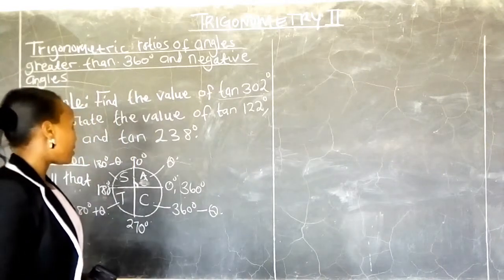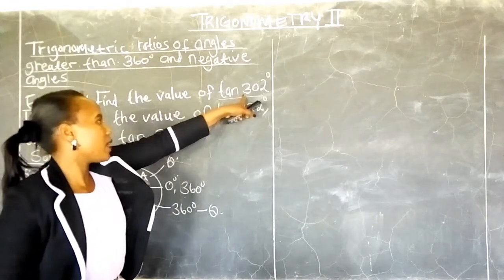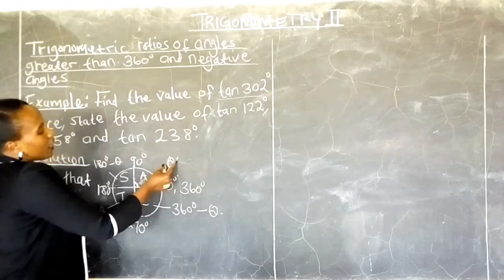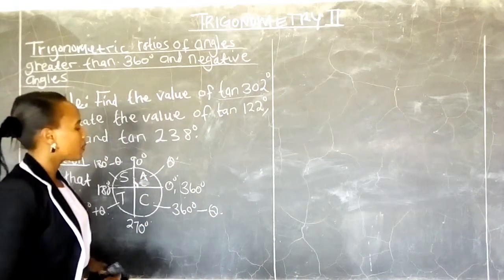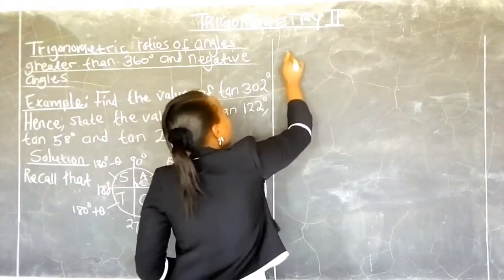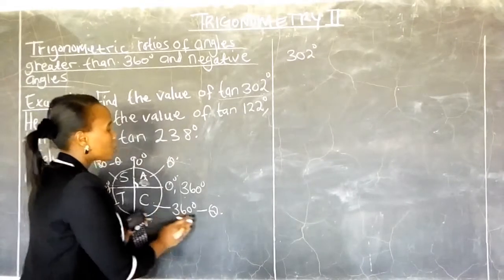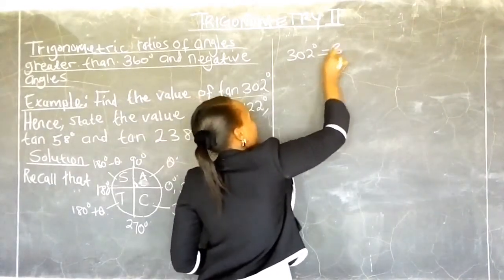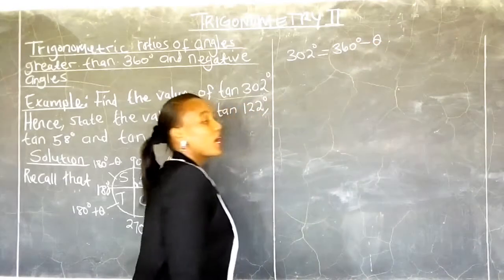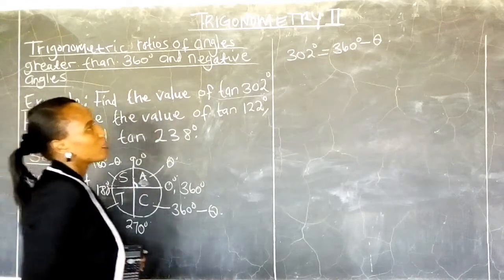Now, this quadrant is our concern, because we are supposed to find tan 302 degrees. For us to find the tangent of 302 degrees, we need to get the acute angle. And how do we get this acute angle? To get 302 degrees, because it is in the fourth quadrant, we say 360 degrees minus that theta we are looking for, an acute angle between 0 and 90 degrees.